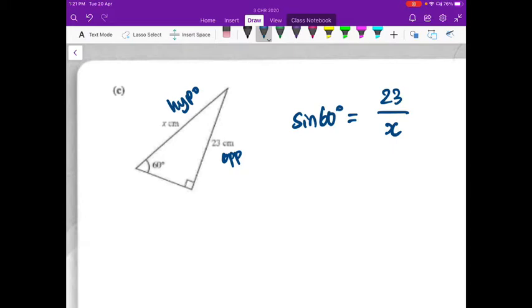So the question now is, how do we proceed from here? Zhang Hui, how do we continue from here? Sine 60 what? Sine 60 times 23. You come and show me your work, Zhang Hui.